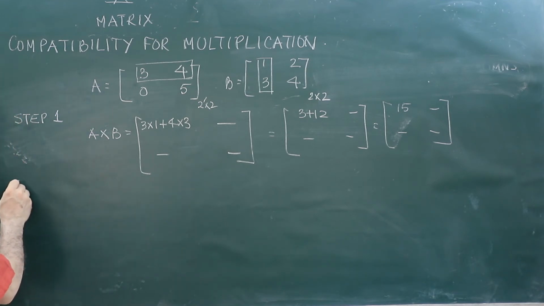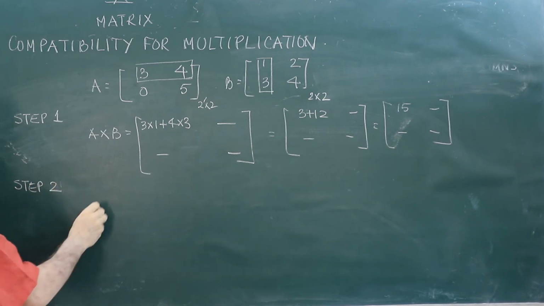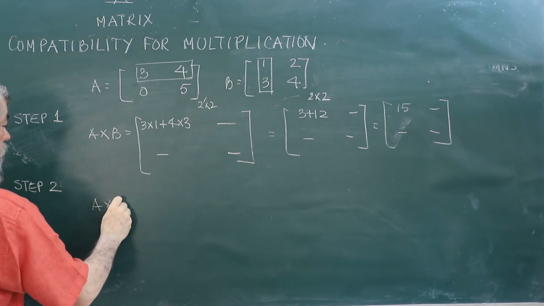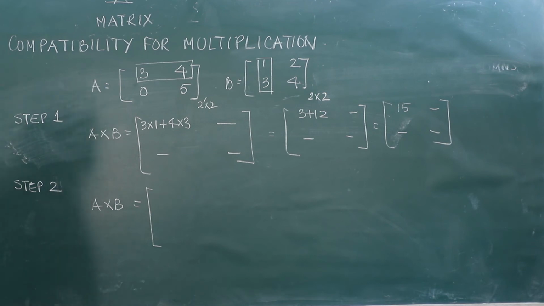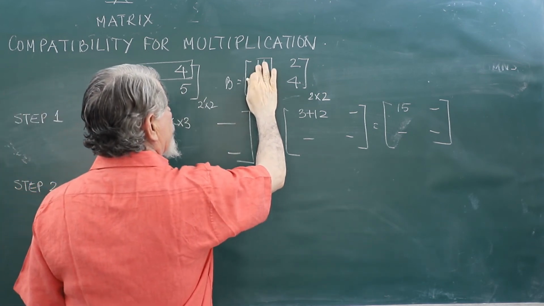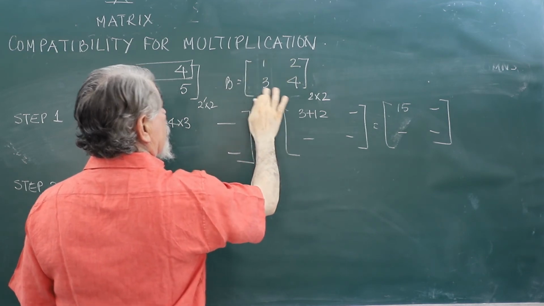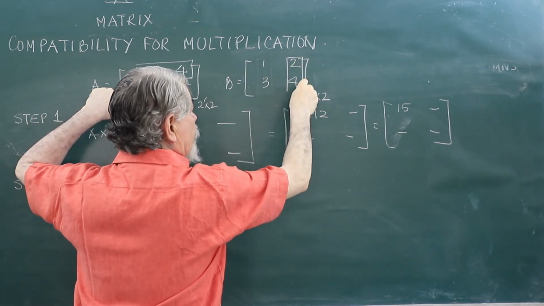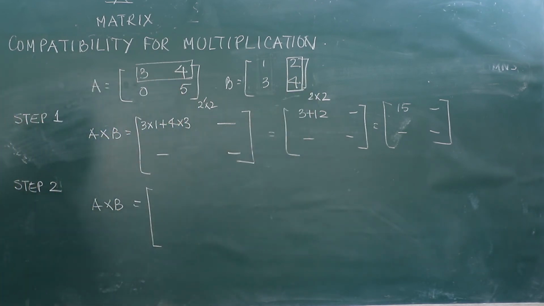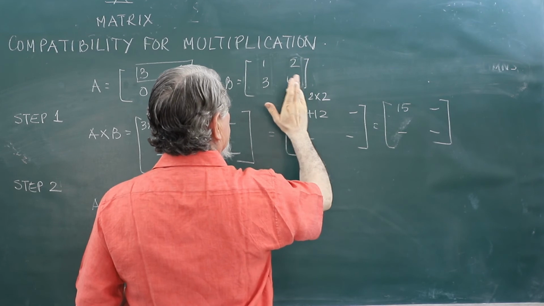Now let us see this step 2. Now what we will do is, we will multiply the first row into second column. First was first row into first column. Now first row into second column. Let me write it separately so that it is very clear to you.